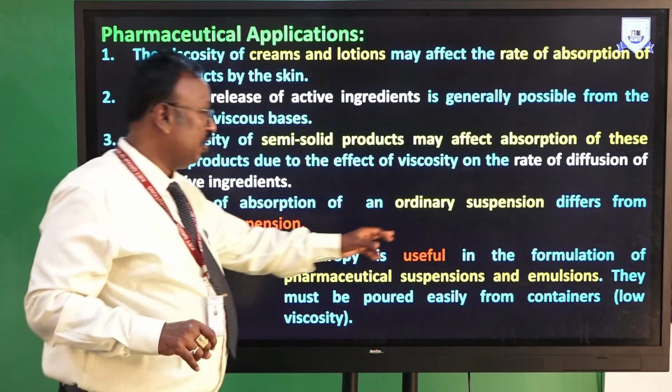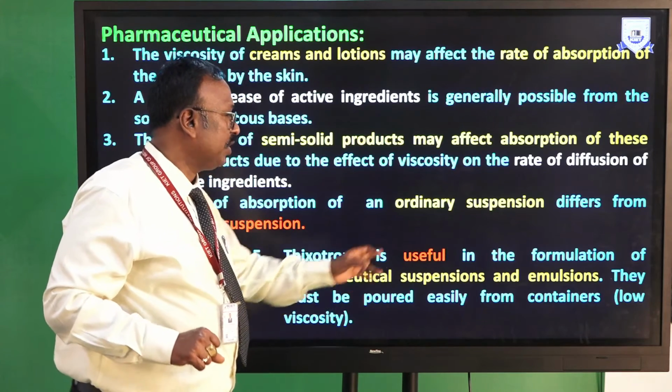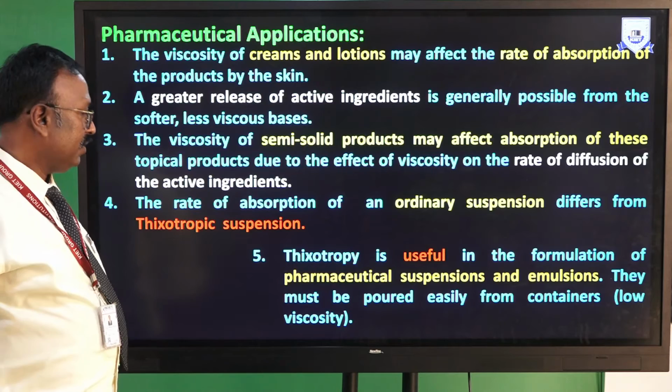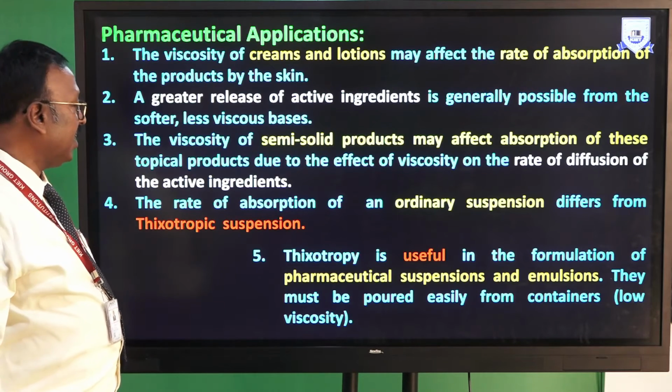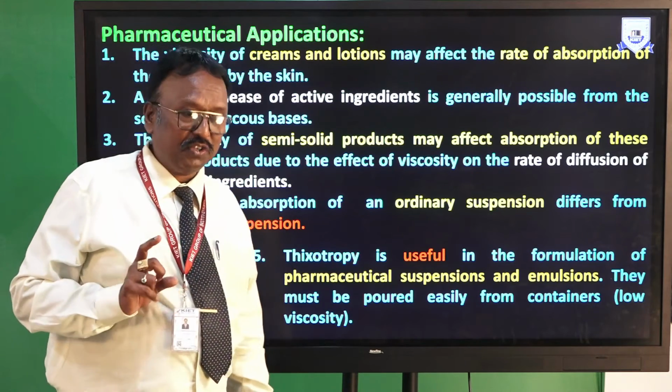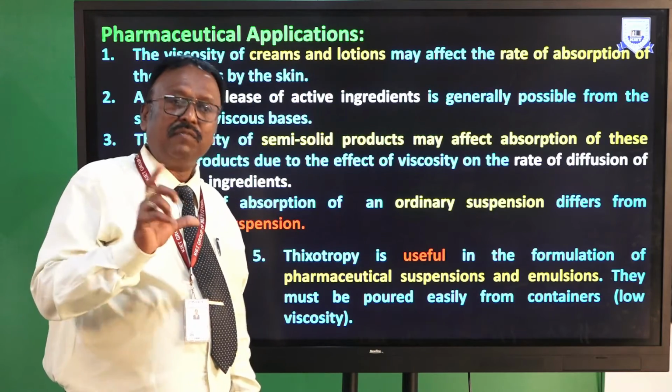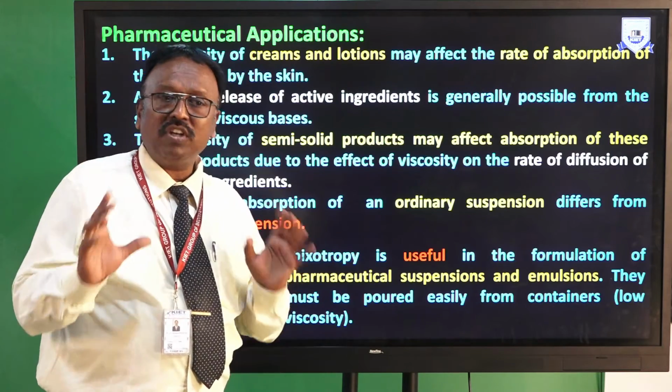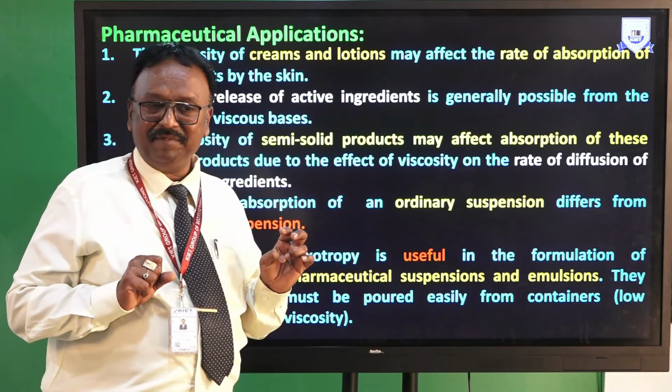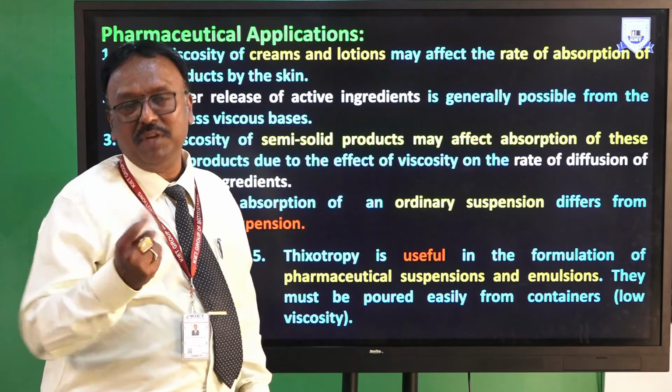Thixotropy is useful in the formulation of pharmaceutical suspensions and emulsions. They must be poured easily from the container, that is, low viscosity. When the viscosity is properly maintained, we are going to get a stable suspension.